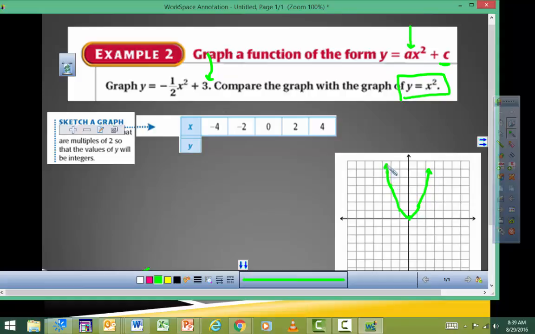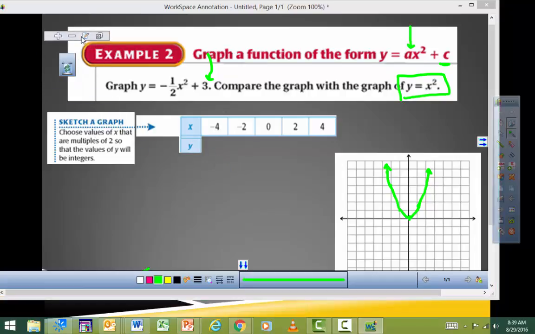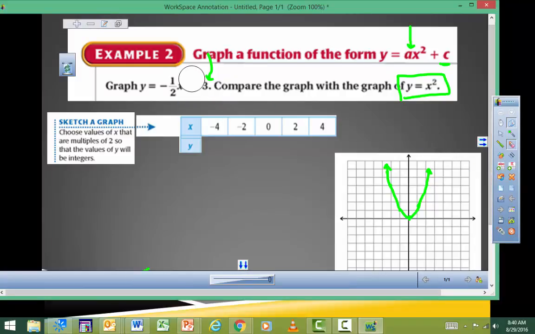So let's say on the first 3 problems we're going to include the parent, okay? But then what we want to do is compare that parent graph with the current graph that we're dealing with. This is like some sort of offspring. I mean, all these parabolas look kind of like the parent, but certainly something else is going to happen to this one.